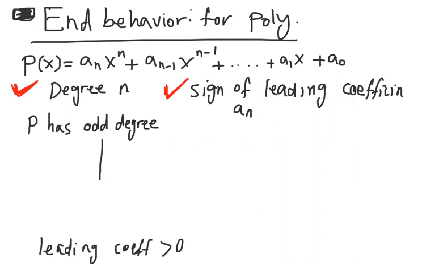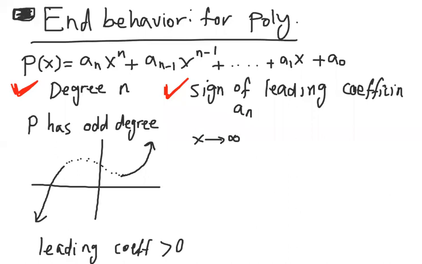So the graph will look like this. The degree is odd and the leading coefficient is positive, so the graph looks like that. That means when x goes to infinity, y goes to infinity.